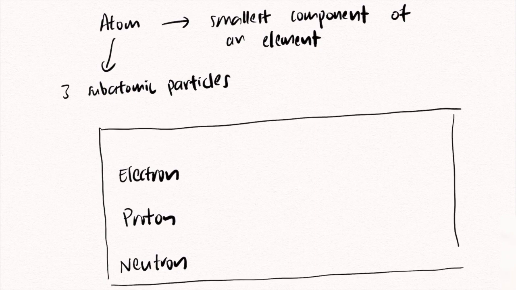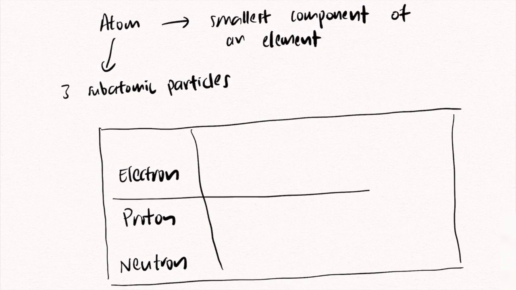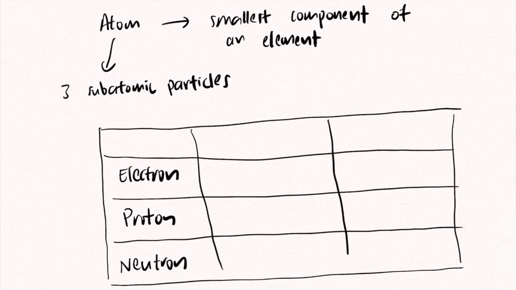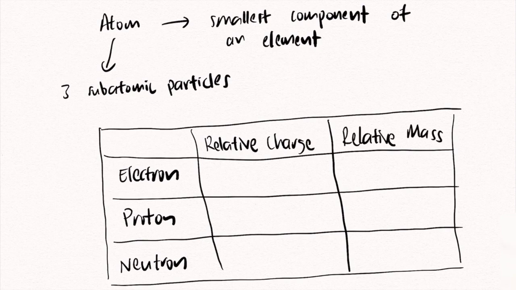Next, we are also required to know about the relative charges and relative masses of these atoms. Do note that these values are relative and not absolute. They are relative because they have no units, and these are essentially the ratios between these particles. Relatively, the electron has a charge of -1, the proton has a charge of +1, and the neutron has a charge of 0.